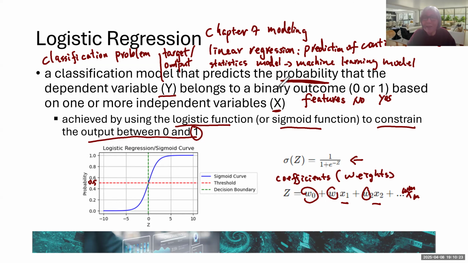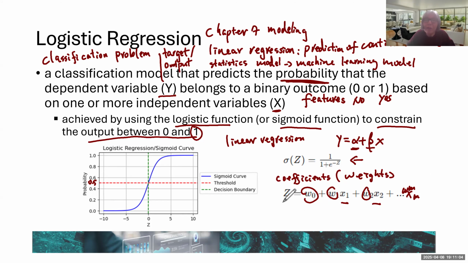And if you recall last class in linear regression, we discussed the alpha and the beta, if you recall. So the slope and intercept. So this W, the weights, yeah, similar. It's coefficient. Yeah. So it's a linear combination of the weights and the independent variables, or the weights and the features. It's a linear combination, okay.